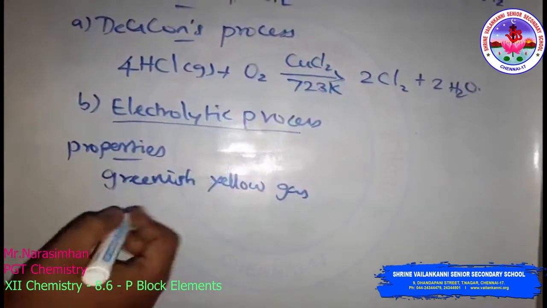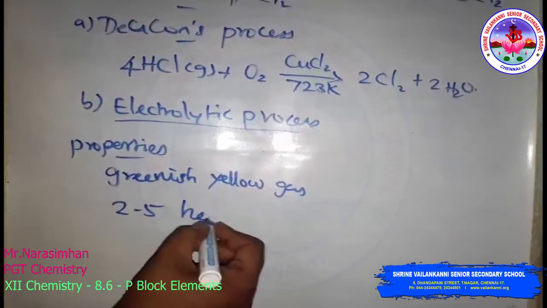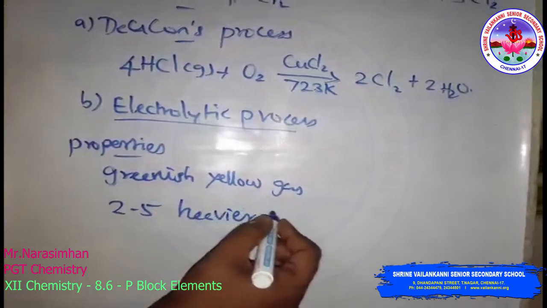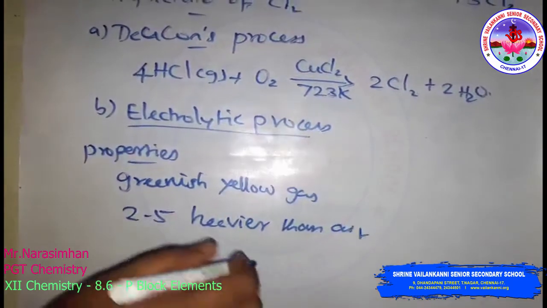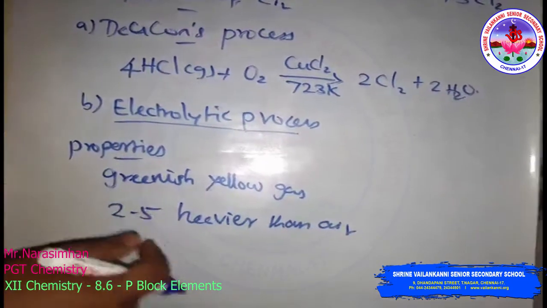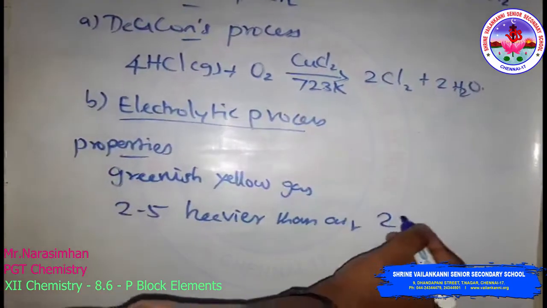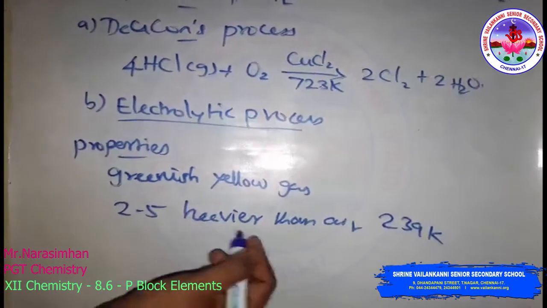It is about 2.5 times denser than air, that is, heavier than air. So it can be easily liquefied to a greenish yellow liquid which boils at 239 Kelvin temperature. It is also soluble in water.